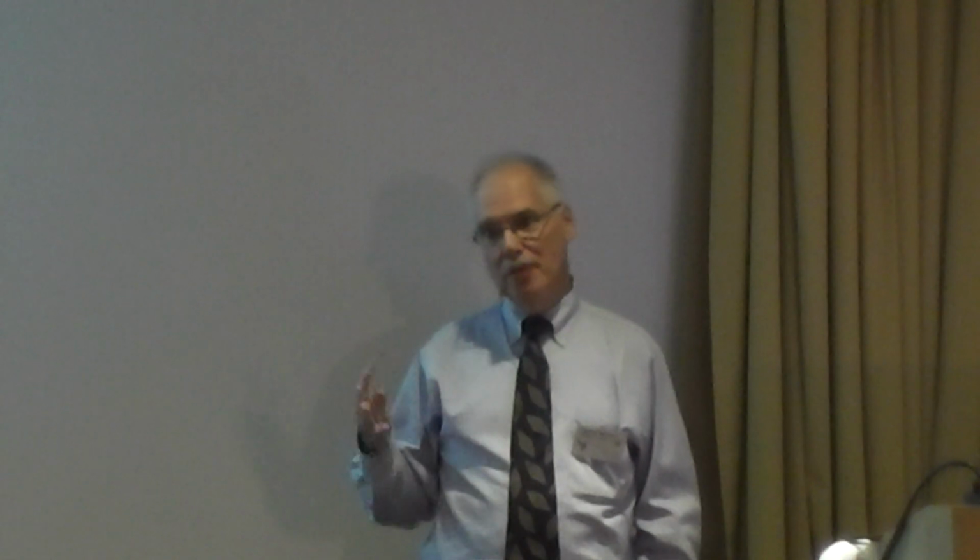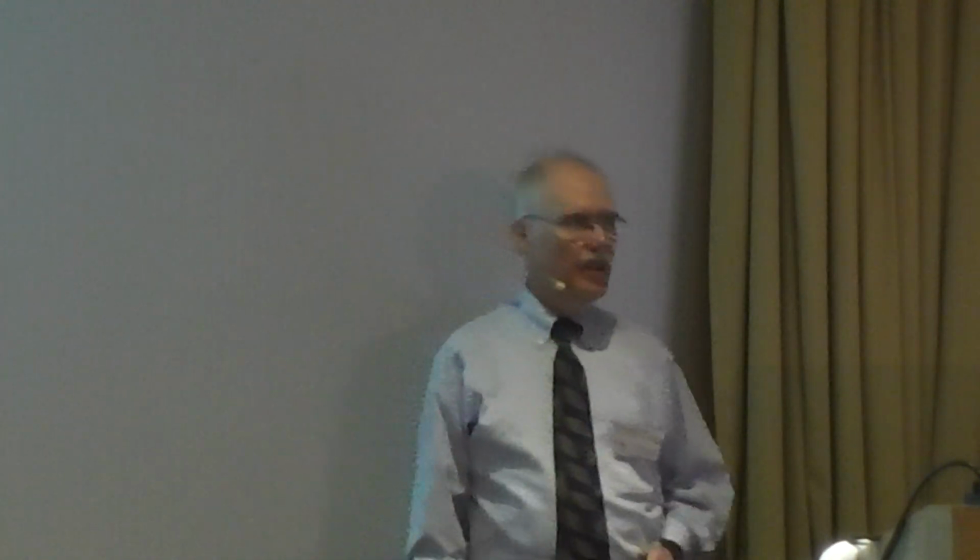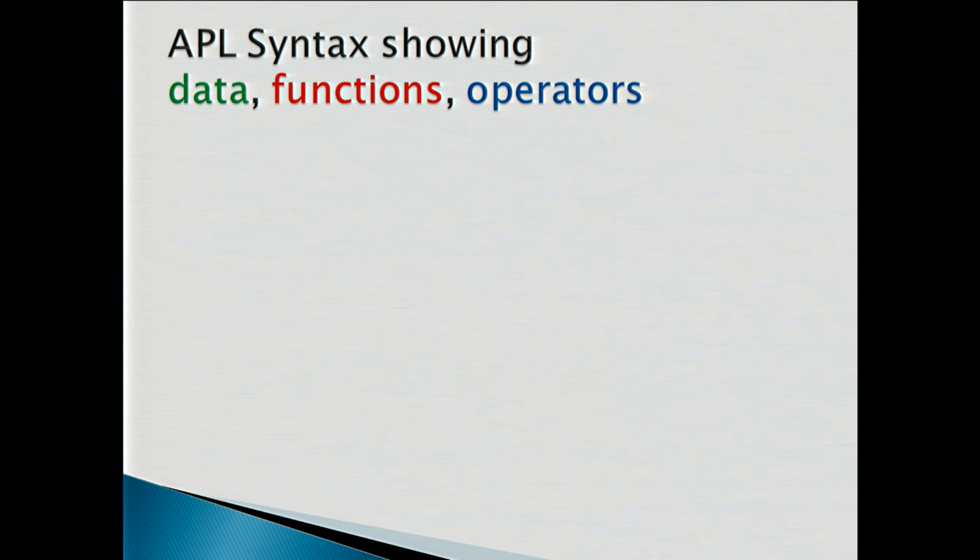I thought, why not use operators for other statistical things as well? So here are some other examples. I use syntax coloring: data in green, functions in red, and operators in blue. If I wanted to use the standard normal probability, I can leave off the left argument.